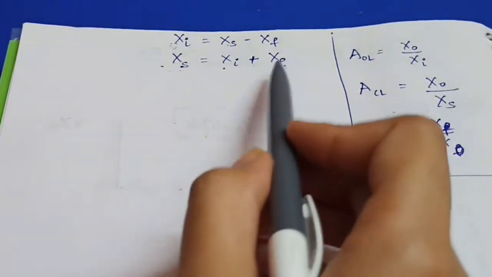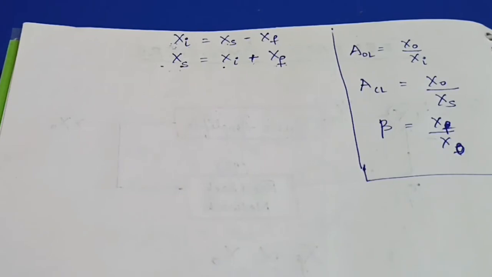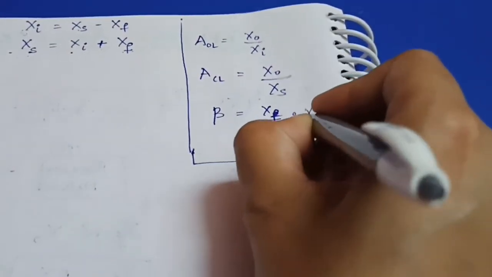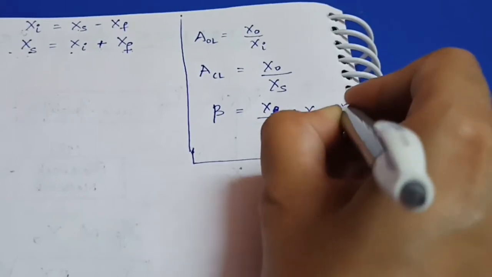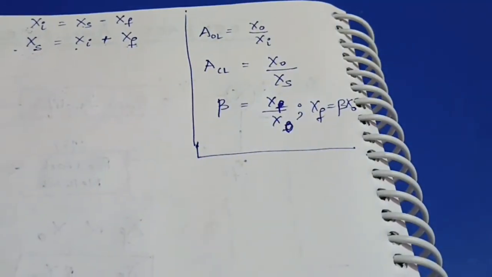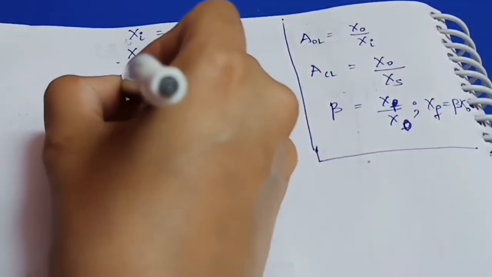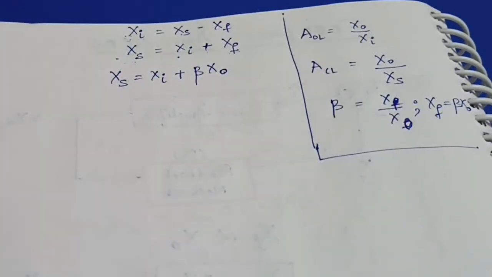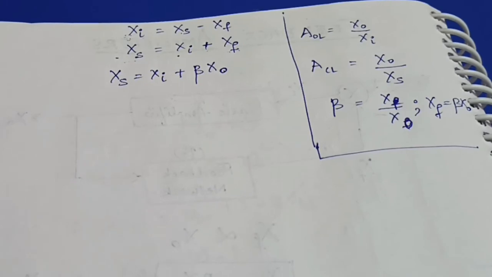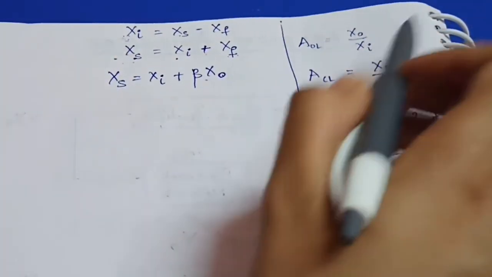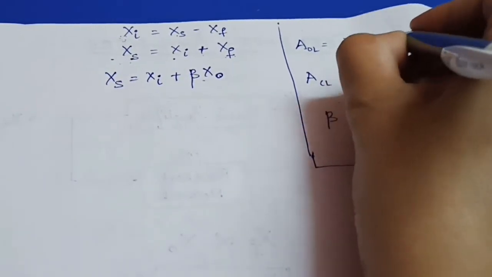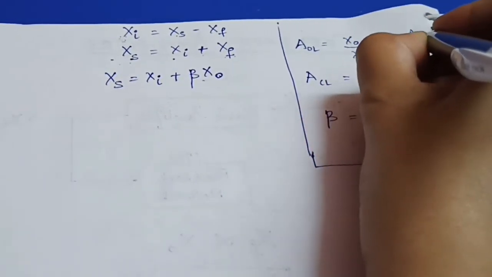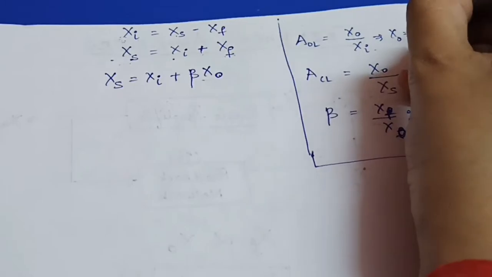Now, just replacing the value of xf, we can replace it with xf is equal to beta x naught, which I have already told you. So just replacing this value. Now, again replacing the value of x naught with the open loop gain, we get from here x naught is equal to open loop gain into my xi.